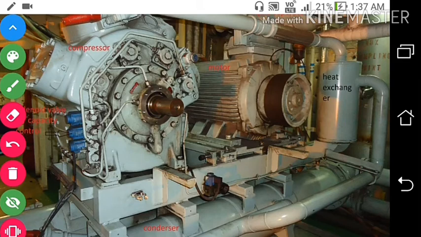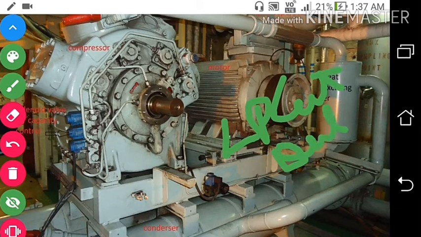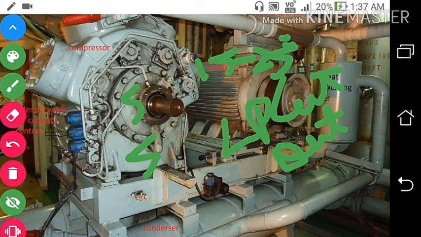So there will always be an LP cutout in the system, and there will be continuous start-stop operation, and this way the motor contactor will definitely burn out. So if the ship goes into a colder region, where the temperature is almost 15 to 25 degrees Celsius, at that temperature there will always be an LP cutout.